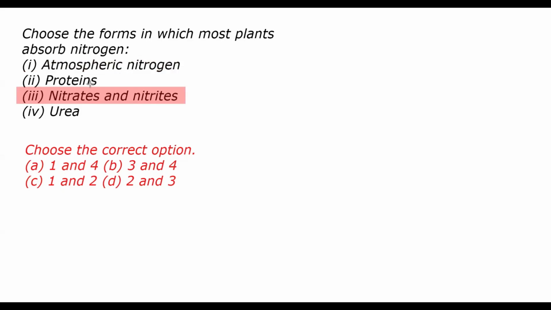Atmospheric nitrogen, in spite of being present 78% in the atmosphere, cannot be directly taken by the plant. So it relies on the bacteria which convert it, and also on human input, like manures and urea fertilizers we put into the soil. And protein definitely not, because protein is a complex form of nitrogen that plants cannot obtain.